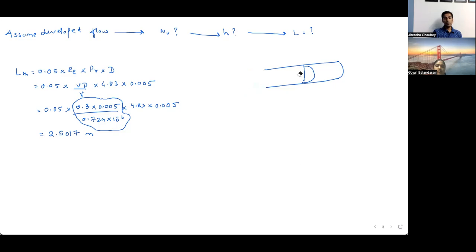If there is a case wherein the hydrodynamic length is more than the thermal length, then we'll have to take the bigger value. Developing will always be the bigger value. In this case, 2.5 I have got for the thermal. The hydrodynamic will be lesser than this. The hydro value is basically 0.05 Re into D, so it is L thermal divided by Prandtl.